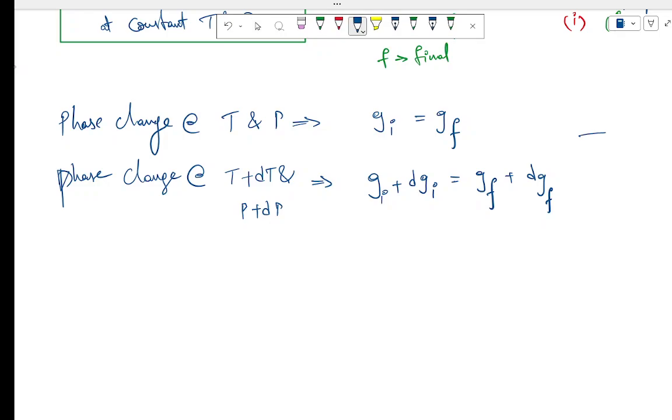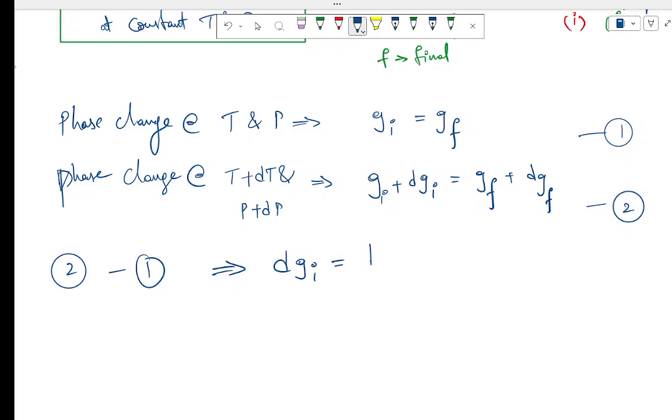Now let me call this expression as 1 and let me call this as expression 2, and I'll perform the subtraction between 2 and 1 here. I will take 2 minus 1. What it will give me is dGi is equal to dGf. So the change in G on the initial side is equal to the change of G in the final side as well.